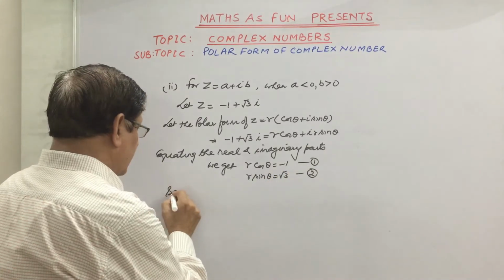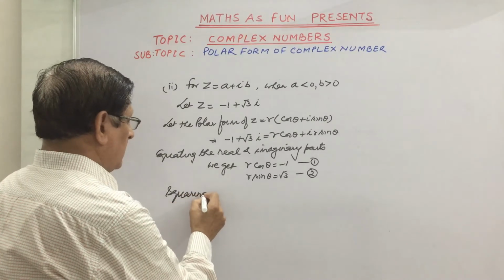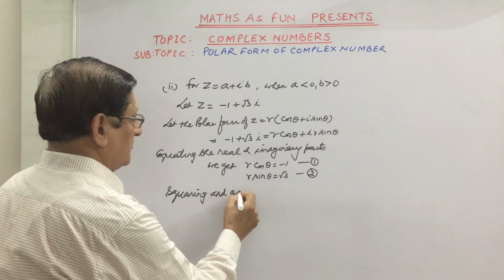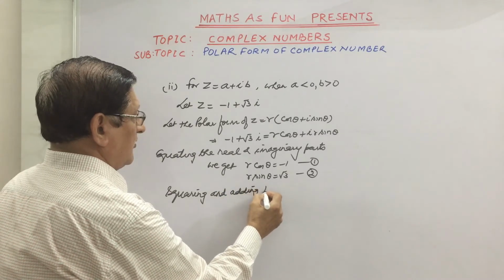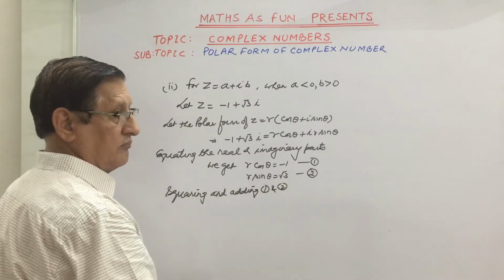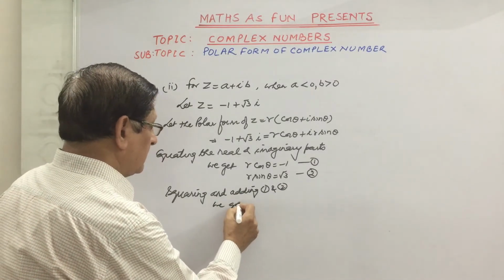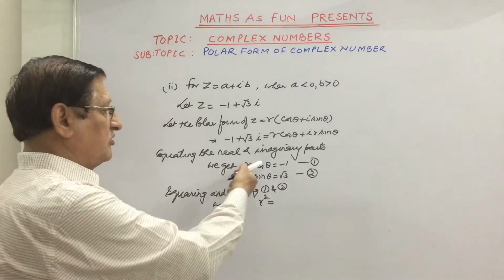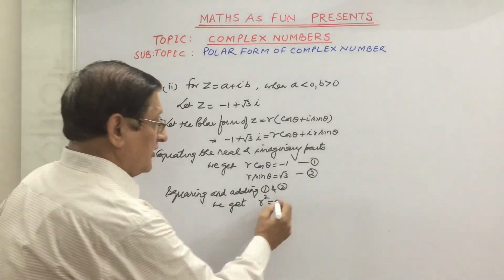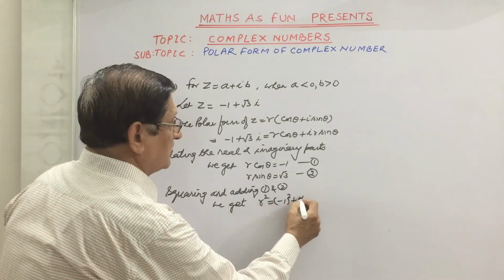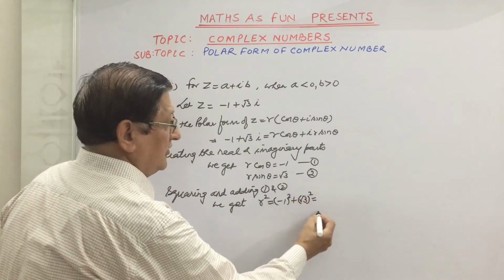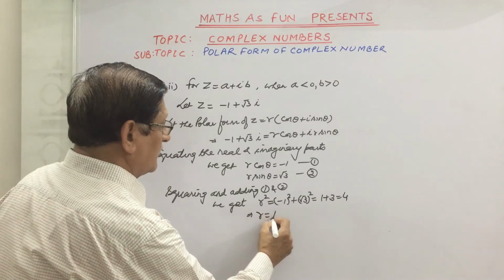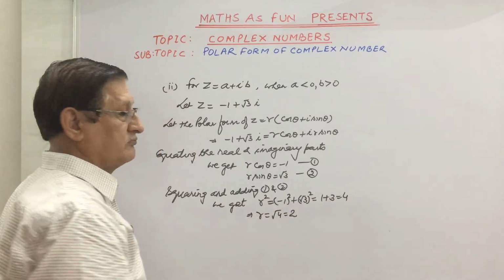If we square and add them, squaring and adding 1 and 2, we get r square, because cos square theta plus sin square theta is 1, is minus 1 square plus root 3 square, that is equal to 1 plus 3 is equal to 4. It means r equal to root 4, that is 2.